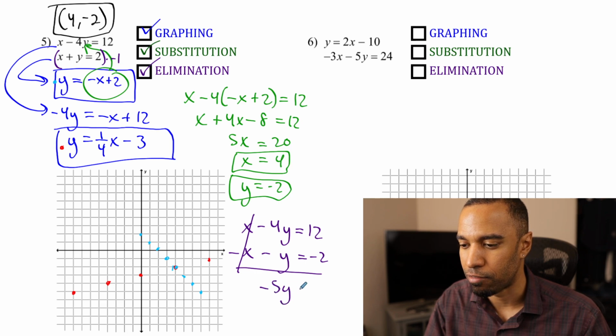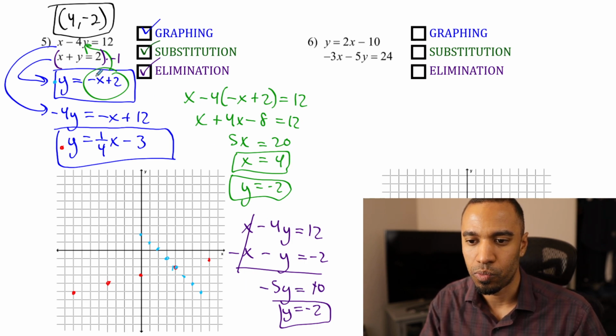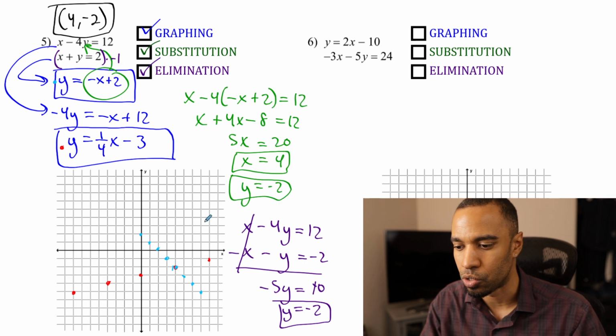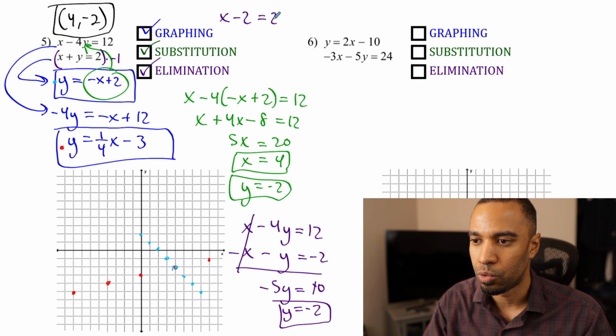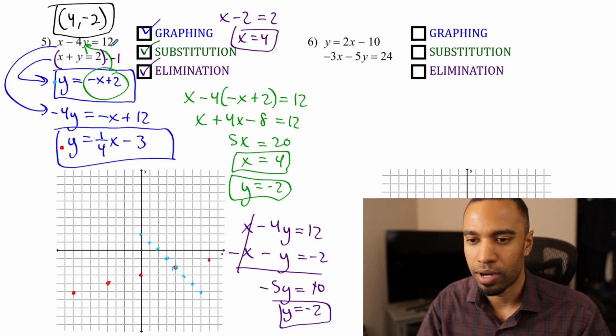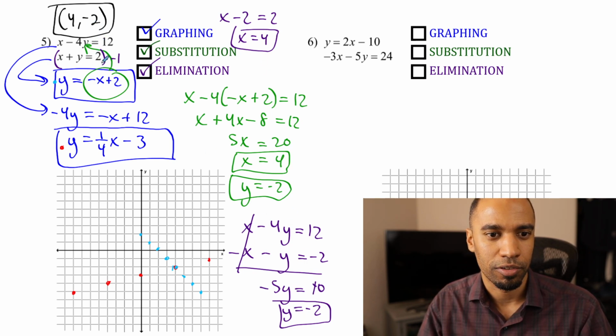I get negative 5y equals 10, so y equals negative 2. Playing under the assumption we didn't isolate this just yet, let's go ahead and plug it into one of these equations right here, like that bottom one. X minus 2, because that's plus y, equals 2. Add 2 to both sides, x equals 4. So once again, we got that solution all by itself here.